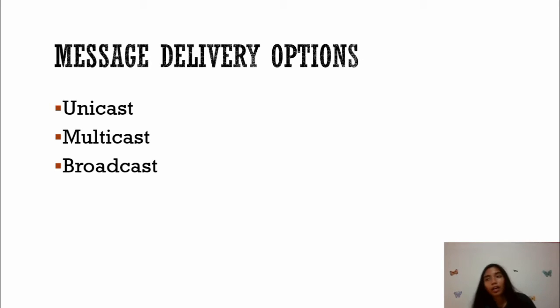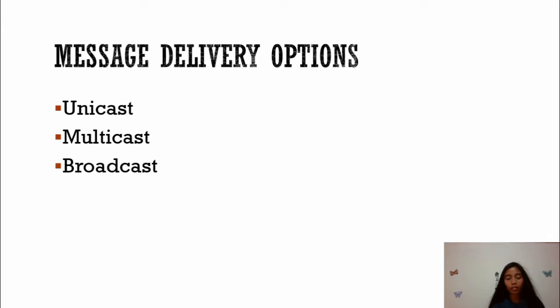For the broadcast, for example, one person gives a message to all of the audience or people around them, and the message will be received by all of the people listening to the person.